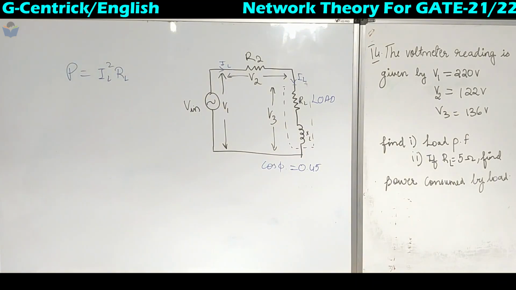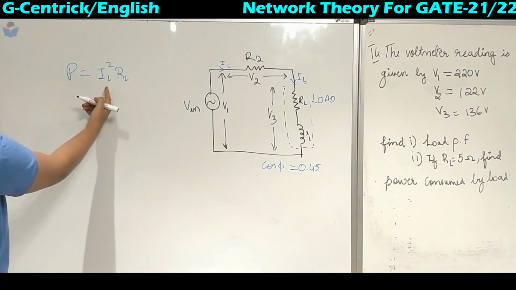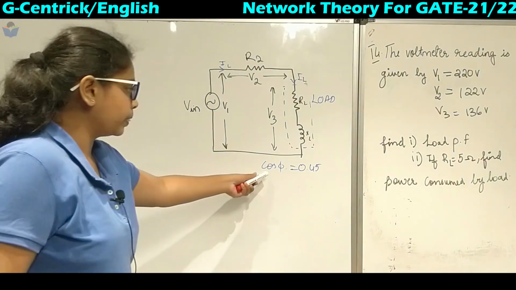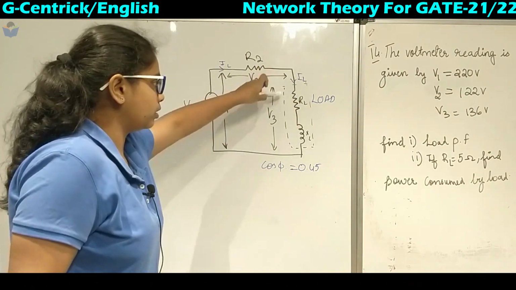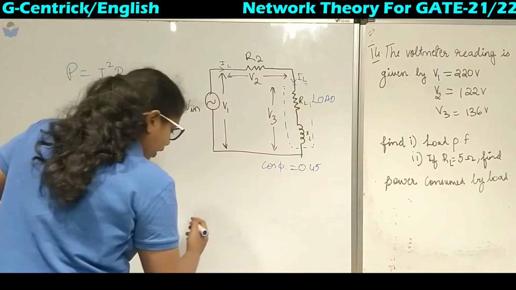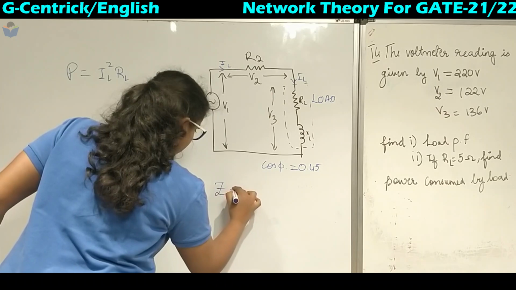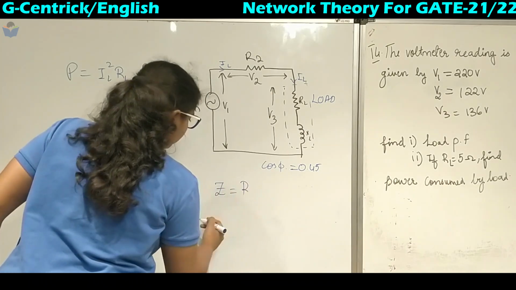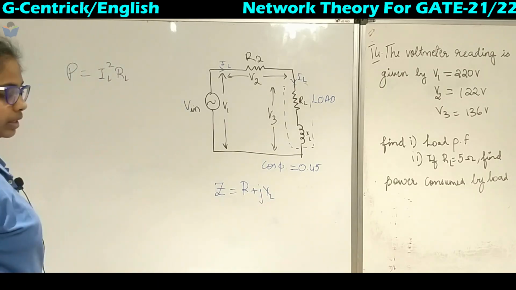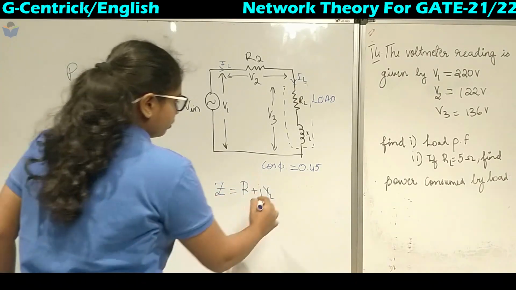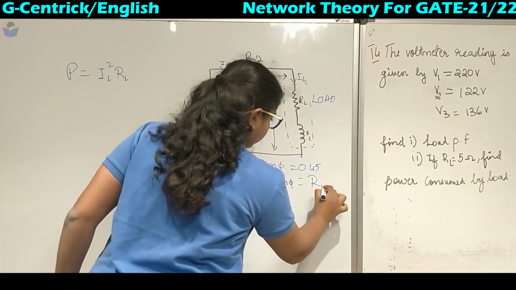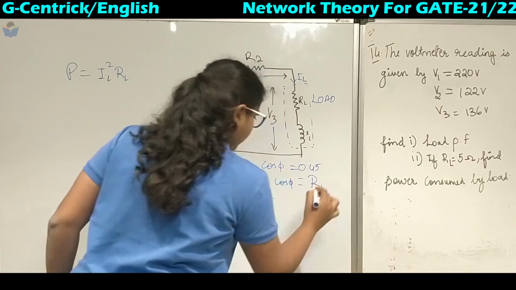Now I don't know what IL is, what the current is, but from this, if I have to convert this into Z, that is impedance, then Z is equal to total current R plus JXL. But I know that cos phi can also be written as resistance upon impedance.